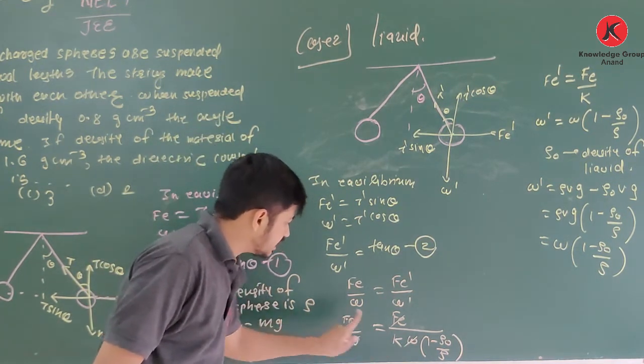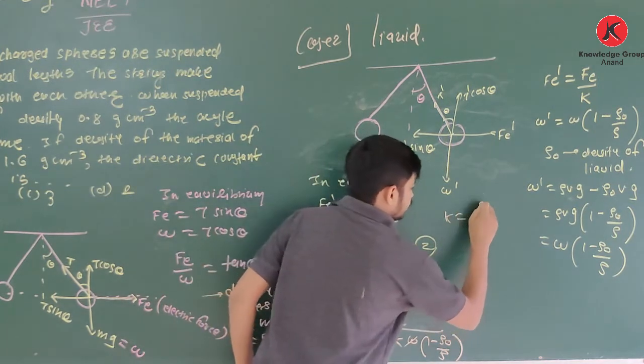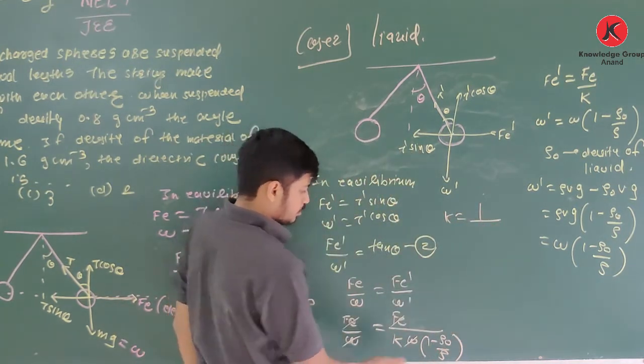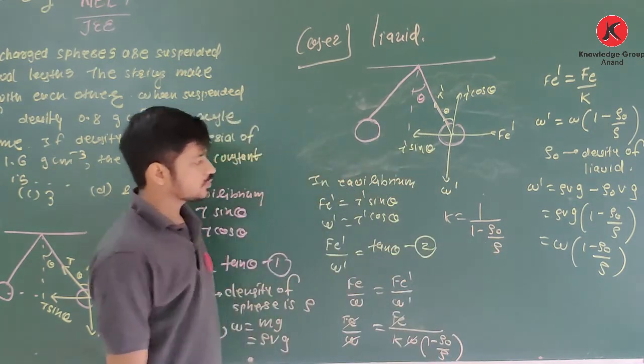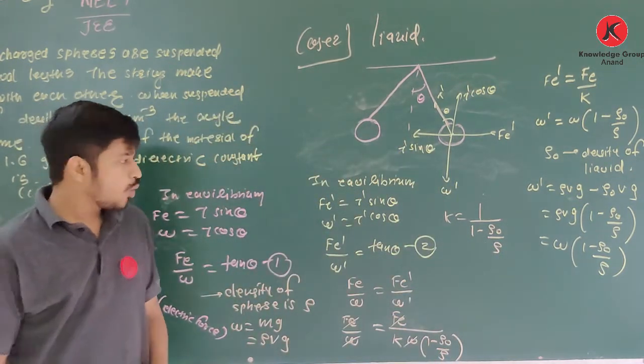If I take this K this side, then K is equal to 1 upon (1 minus rho 0 upon rho).